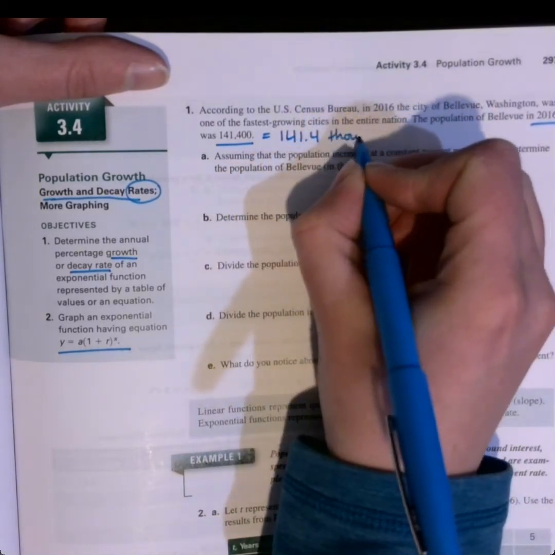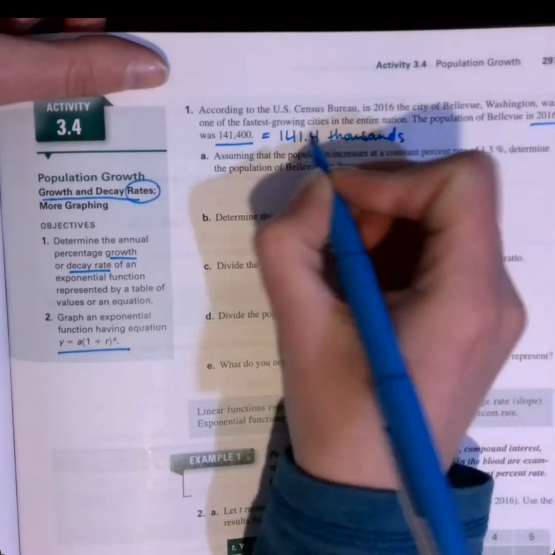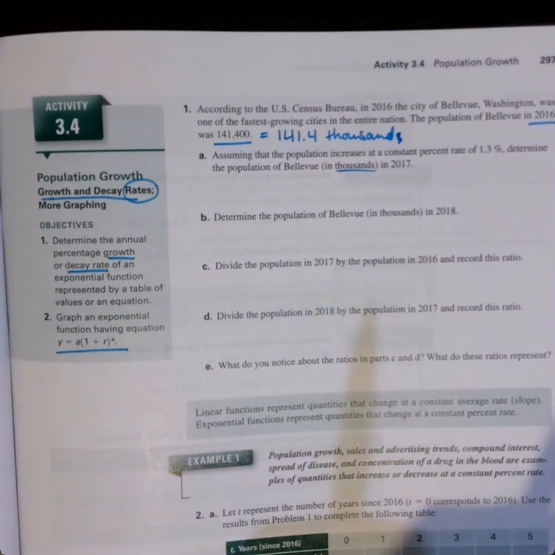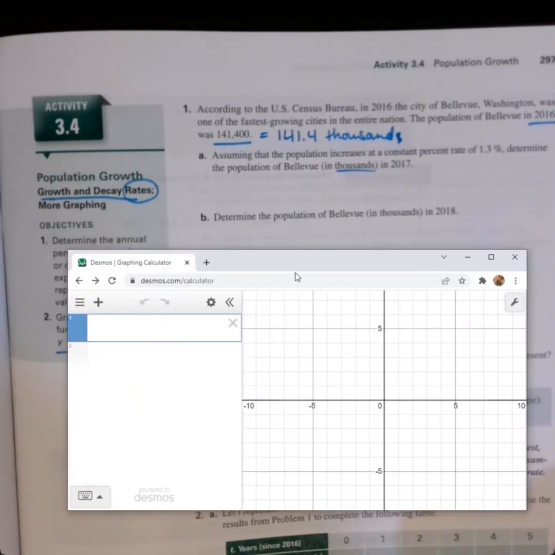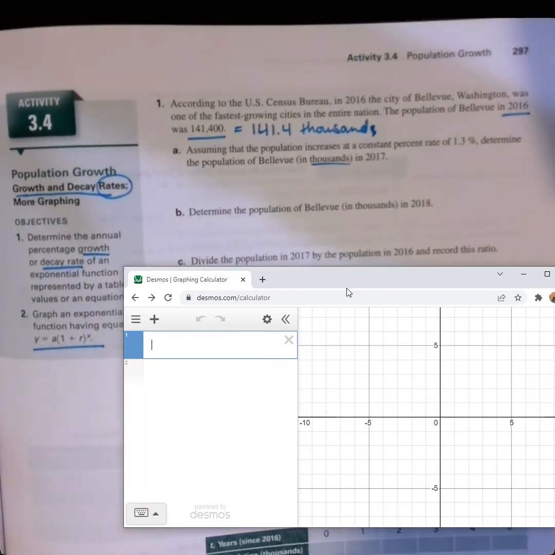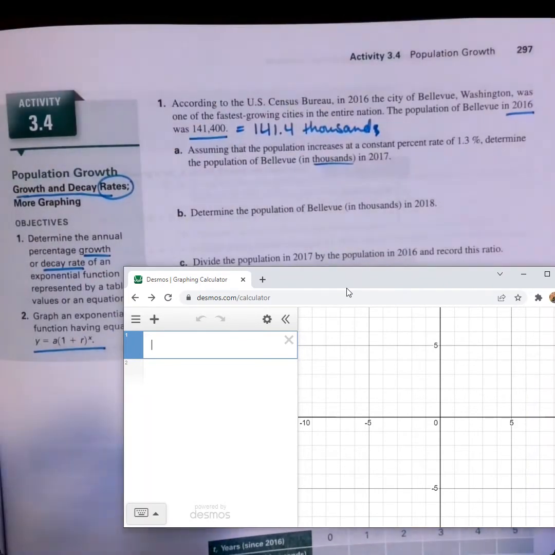So that puts thousands as the units. Okay. All right. So we need to figure out if I increase by 1.3%, where does that put us?